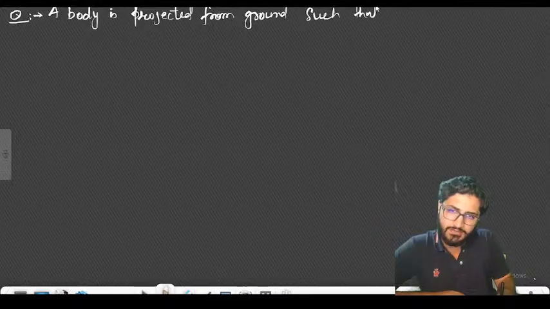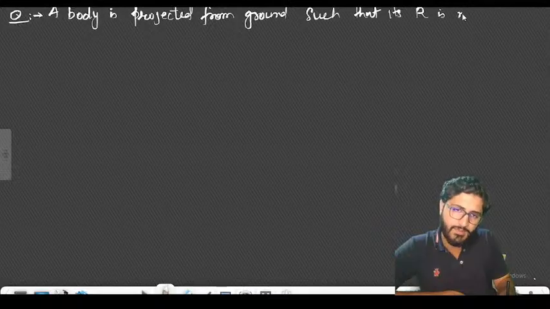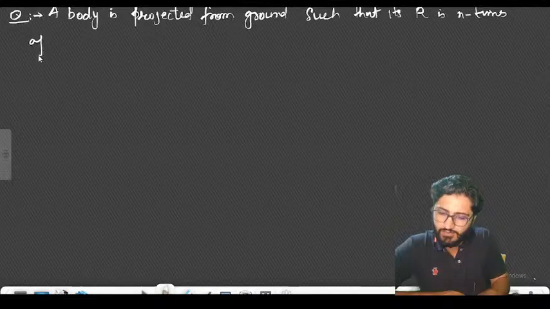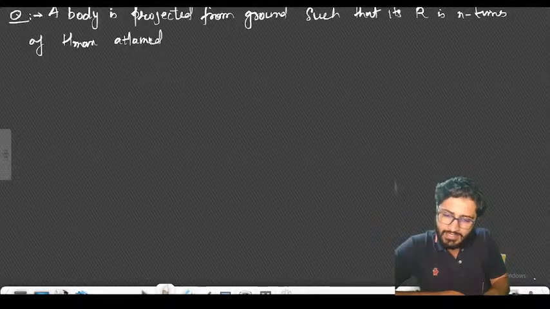A body is projected from ground such that its range is n times of h max attained.